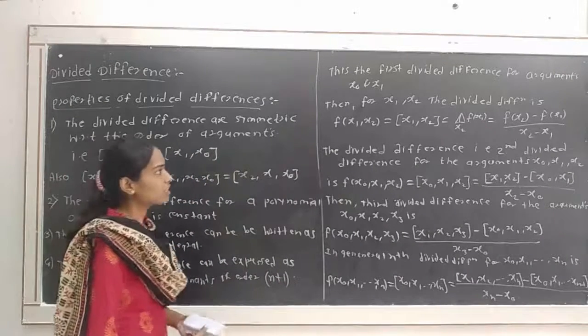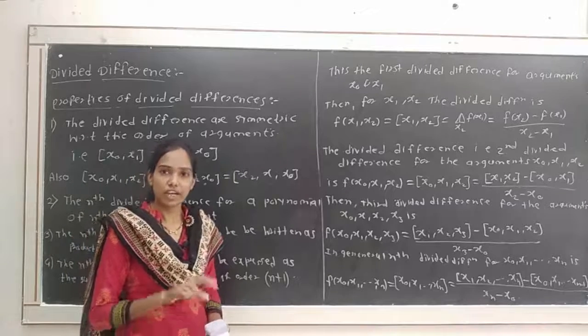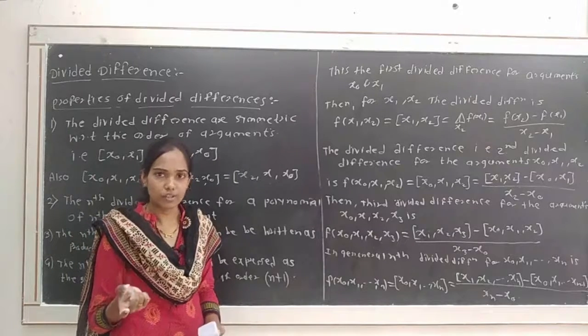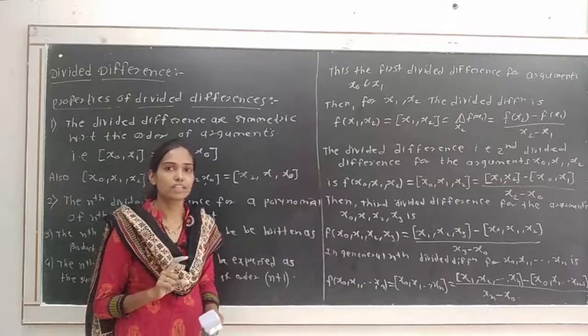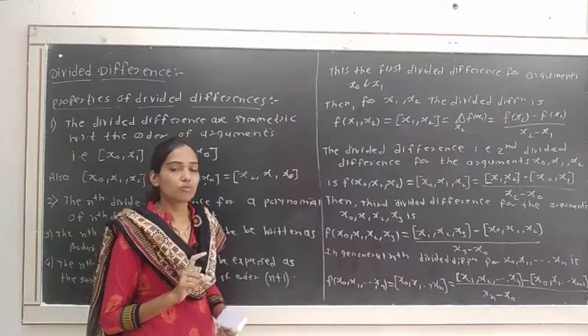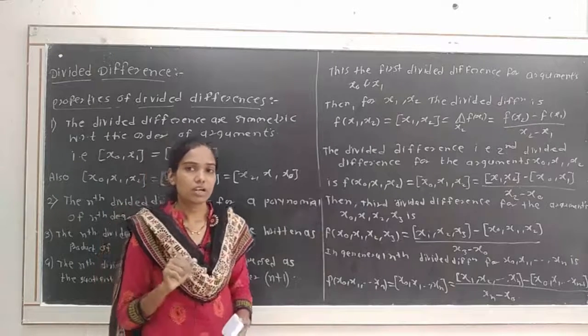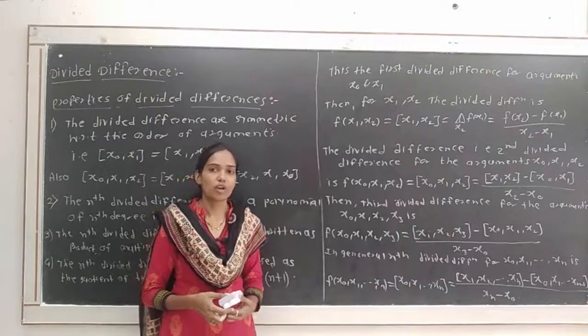Next, we see the relation between the divided difference and the ordinary difference. Ordinary difference, that is, the difference we saw in the first lecture, the forward difference.